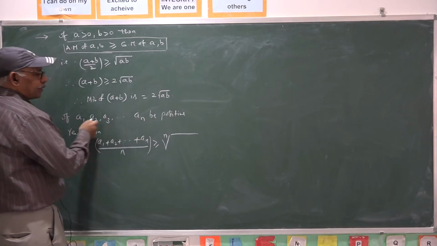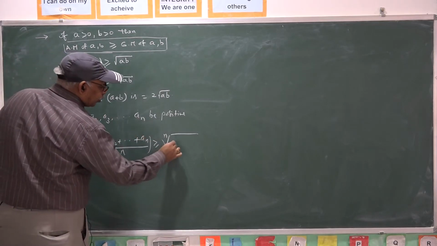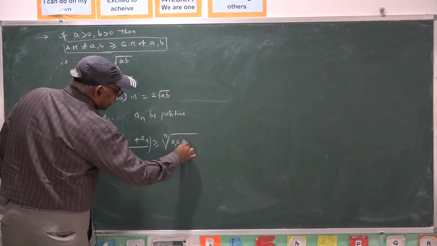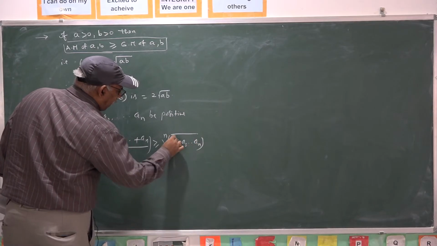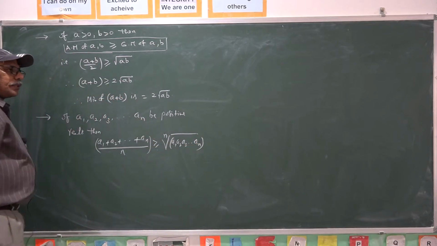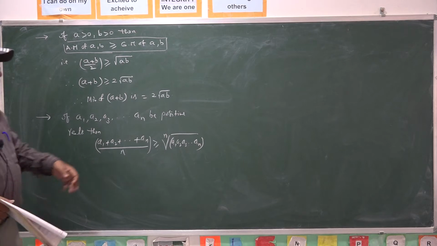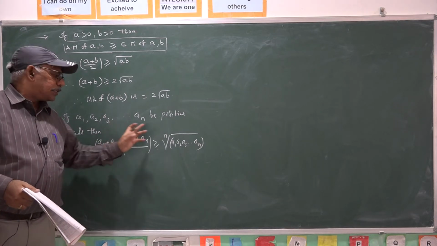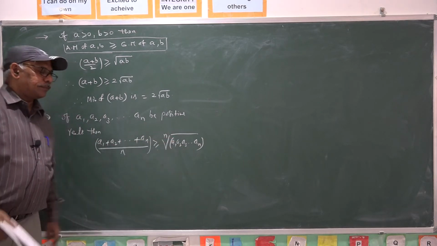The geometric mean of these positive reals is the nth root of A1, A2, A3 and so on, AN. Since they are n in number, the geometric mean of those numbers is the nth root of their product.